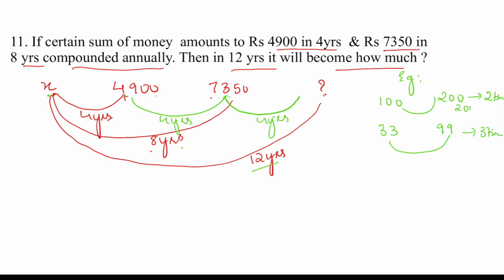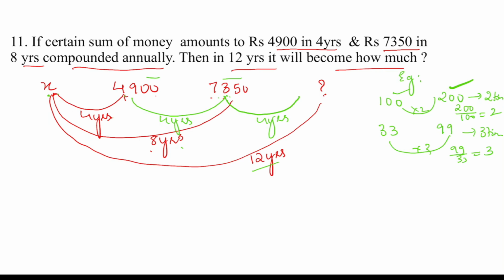We did it as 200 divided by 100, which is equal to 2 we got, and 99 divided by 33, which is equal to 3 we got, isn't it? Means it is multiplying by 2 times, it is multiplying by 3 times. How did we get it? By dividing this by this. So similarly, now divide this by this, we will get how many times it is increasing.